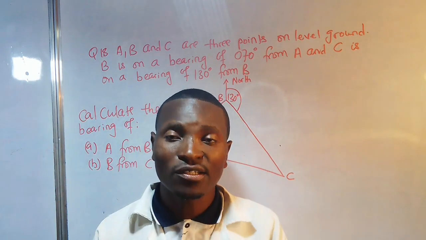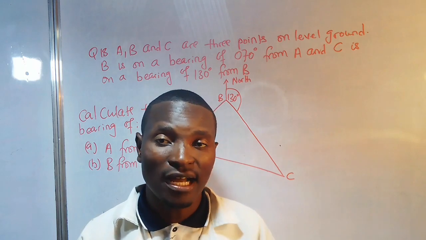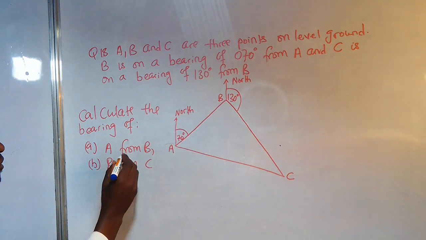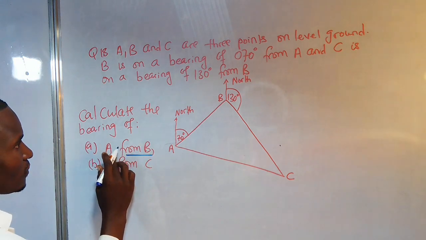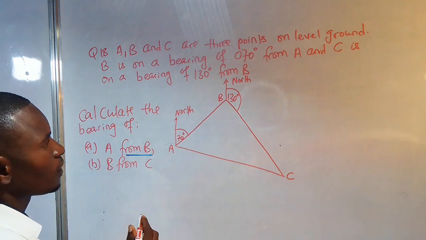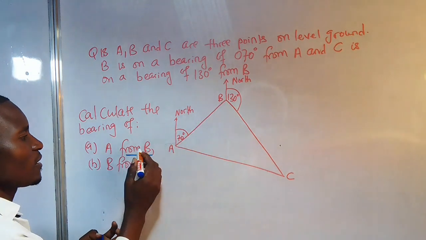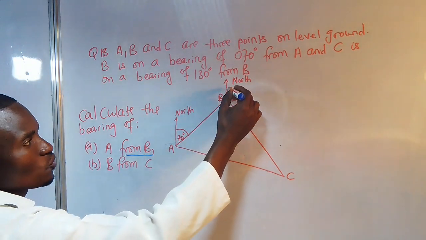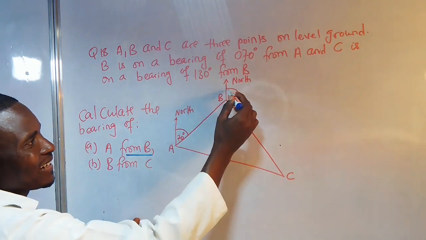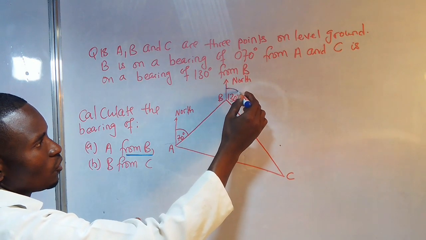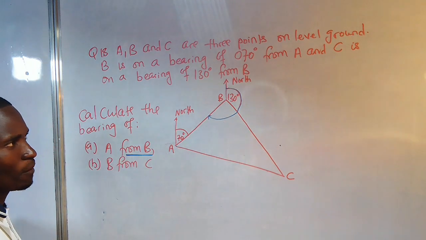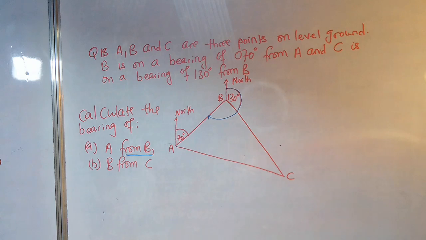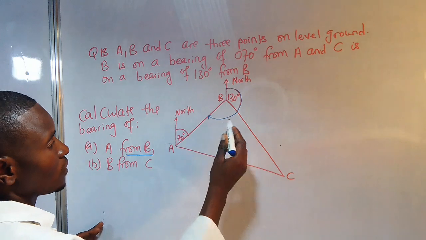So, calculate the bearing of A from B. B is here, and since they're saying from B, we create a north there and rotate from that B until we touch the line that goes to A.